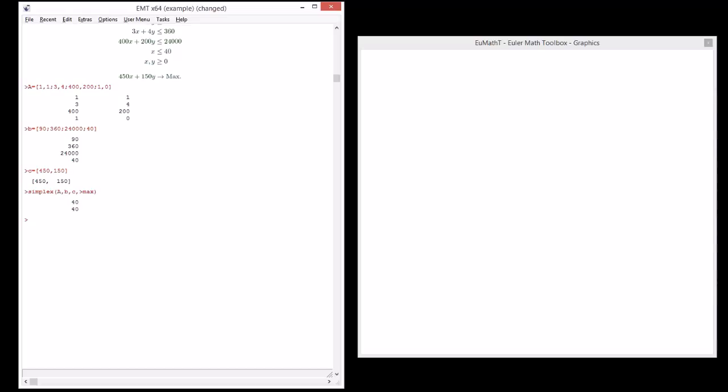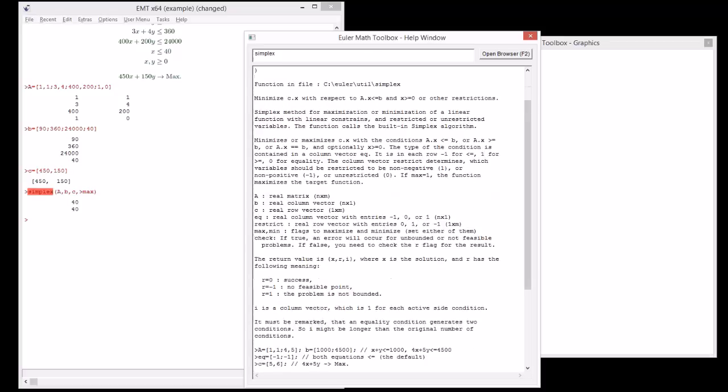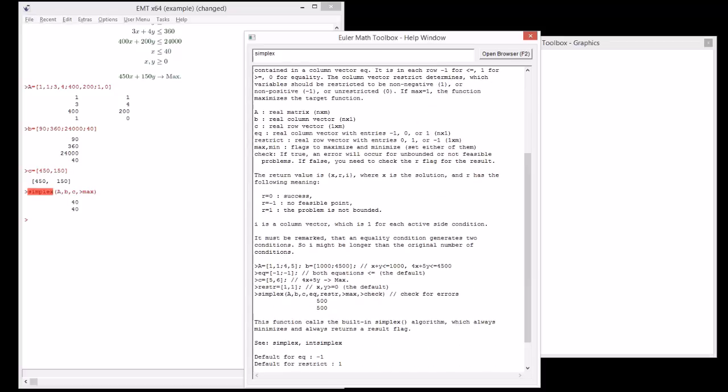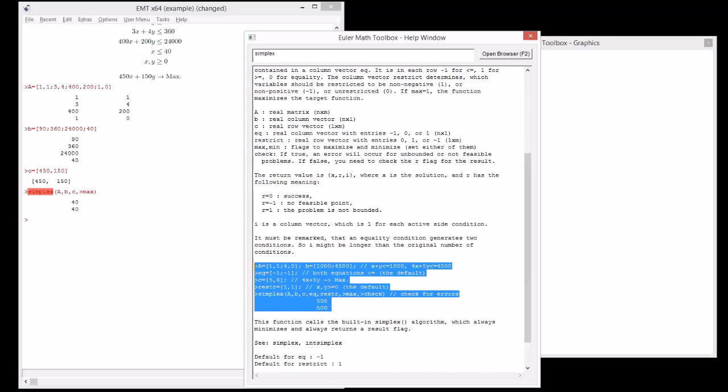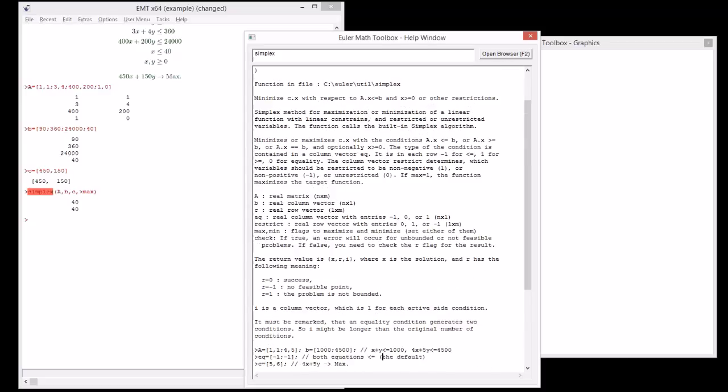Let me show you the help for the simplex function. Just double click on simplex and the help window will open. You have here the simplex function, some examples at the end, and an explanation.